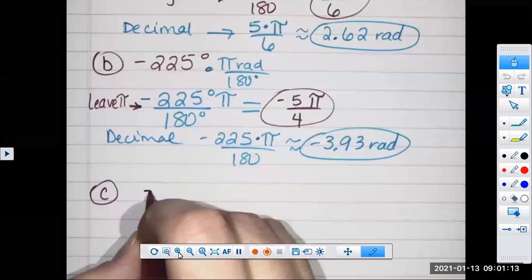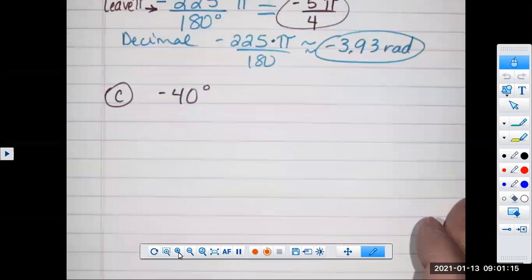Okay, I want you guys to tell me what this one is just in terms of pi. You don't have to convert it to decimal.